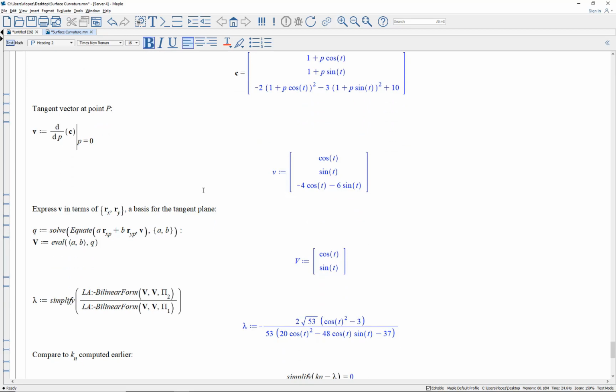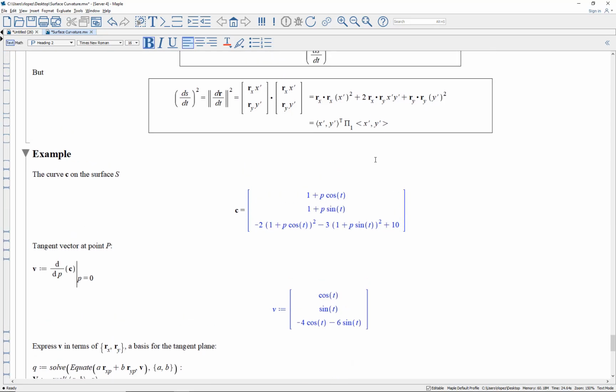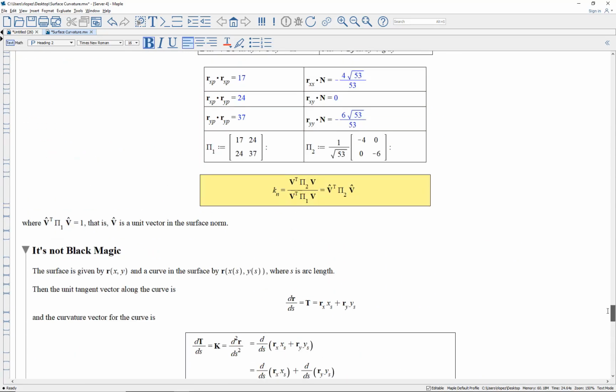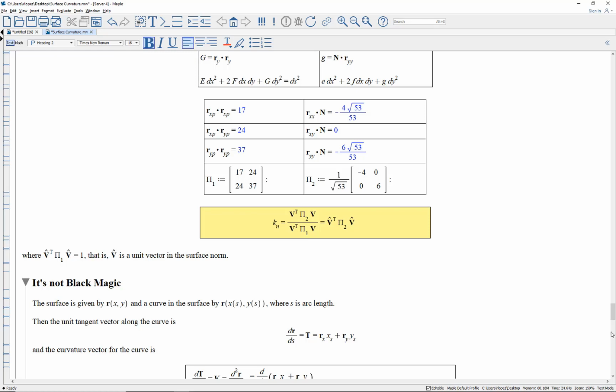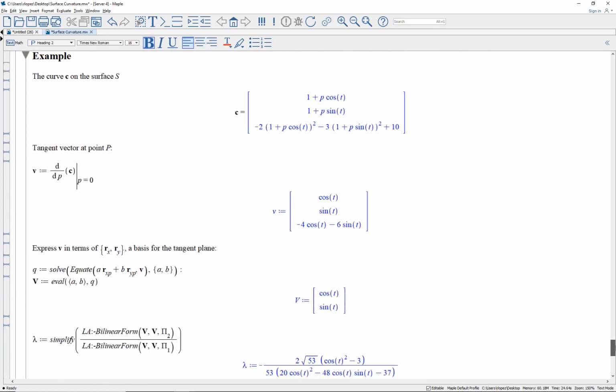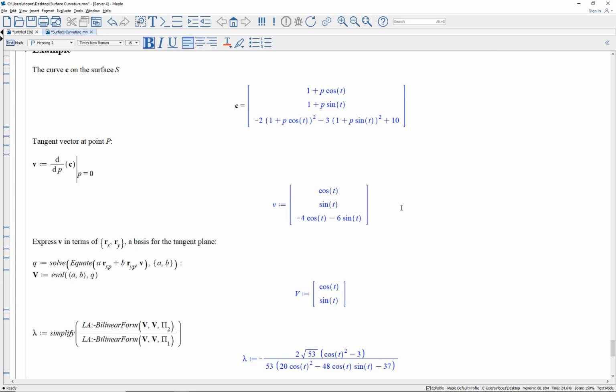And now I'm going to form these bilinear forms, the first and second fundamental form. And I say, wait a minute. The matrices for these two forms, they're 2 by 2s. Okay, look, they're 2 by 2s. I've got a tangent vector that's a 3-component vector. And it took a long time for it to dawn on me that you have to express this tangent vector in terms of a basis for the tangent plane.